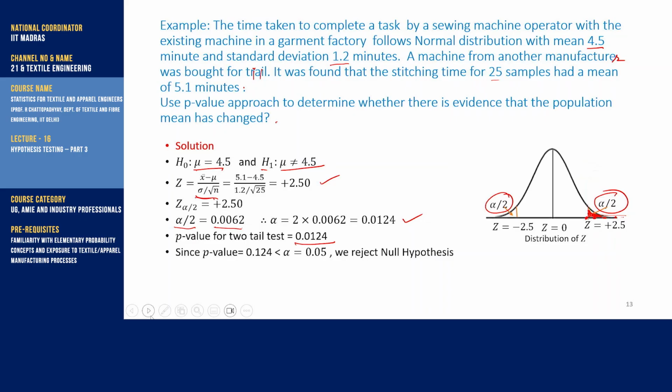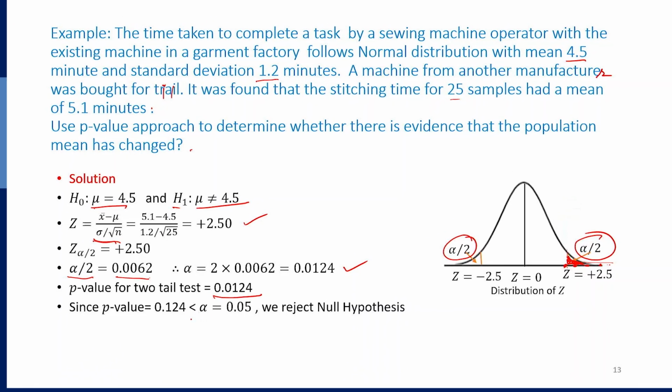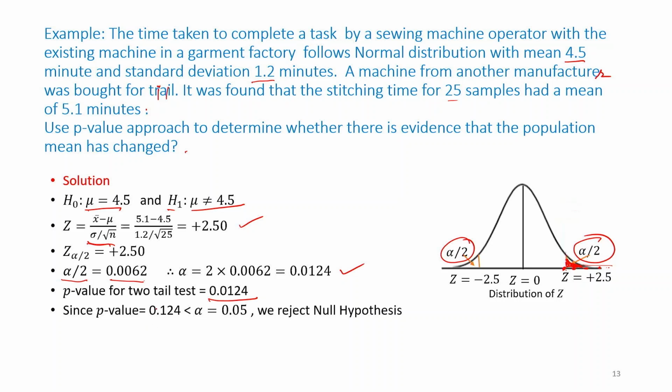Since the p-value 0.0124, the point will be here, is less than alpha equal to 0.05, we reject the null hypothesis, and therefore we accept the alternative hypothesis which says that mu is not equal to 4.5. This one we accept, that they are not the same.